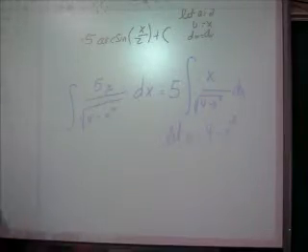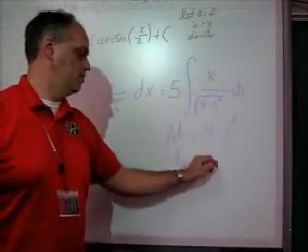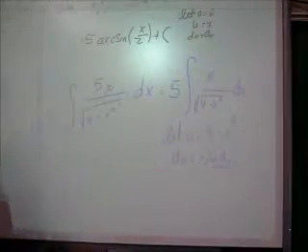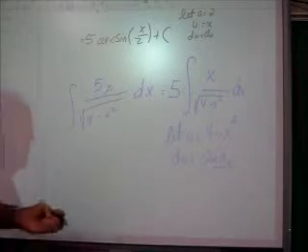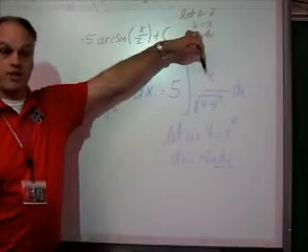So what happens to this one as a du? Negative 2x dx. So this is going to account for that x as part of the problem. Okay, so you don't use the arc sine rule on it, because of that x right there, correct?